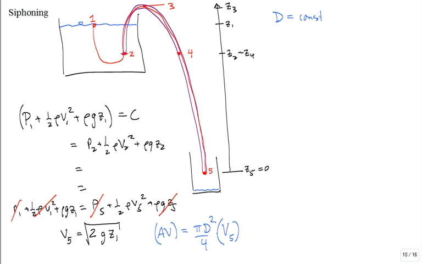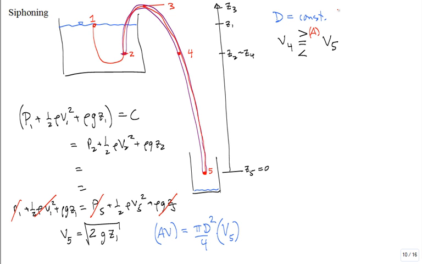We mentioned that. Let me ask this question. The velocity of the fluid in the tube at state 4 compared to the velocity of the fluid at state 5. Is the velocity of the fluid in the tube at state 4 greater than, equal to, or less than the velocity at the exit state 5?